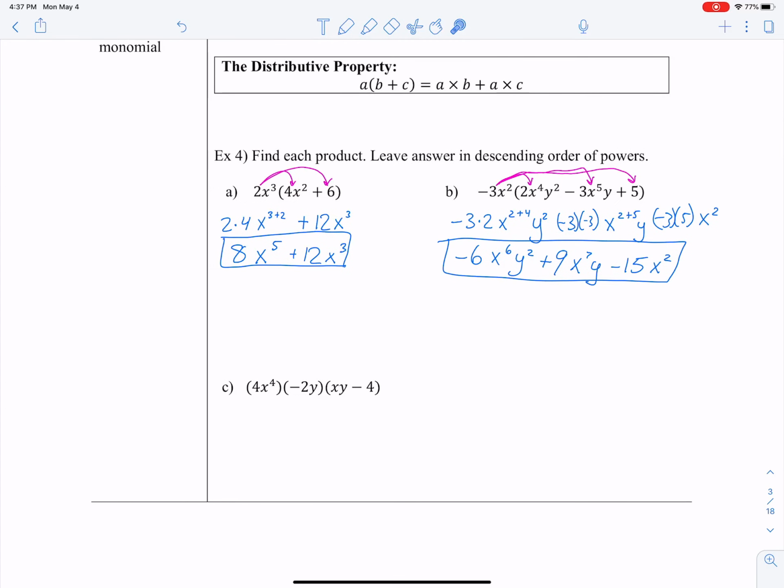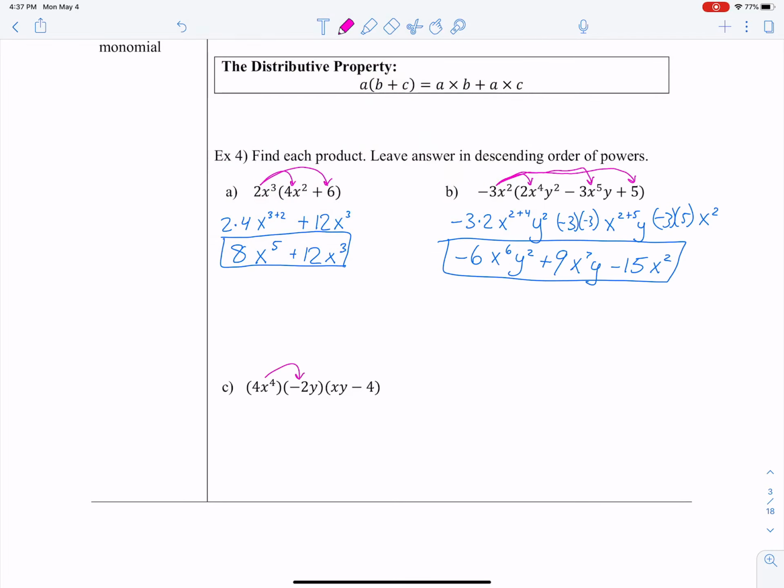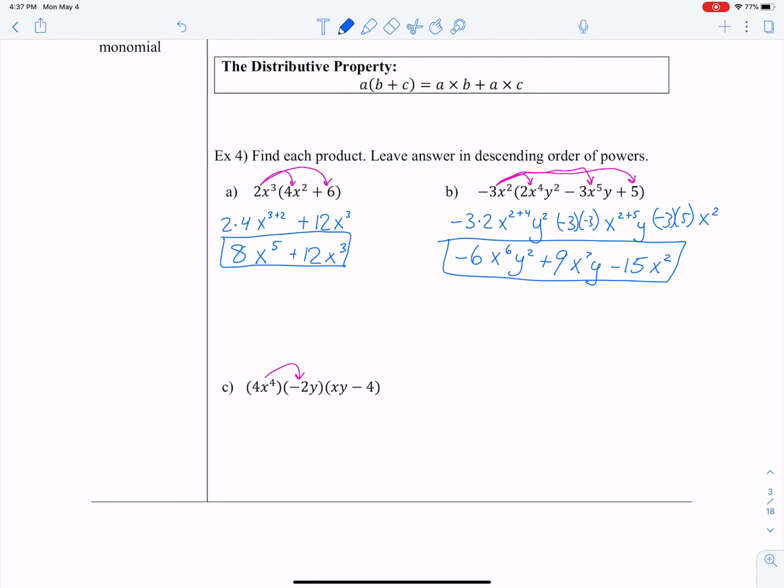In C, here we have two monomials first and then a binomial. So in this case, you need to multiply these together first to get a new monomial here, and only then can you multiply it with the rest. So we're going to do 4 times minus 2.